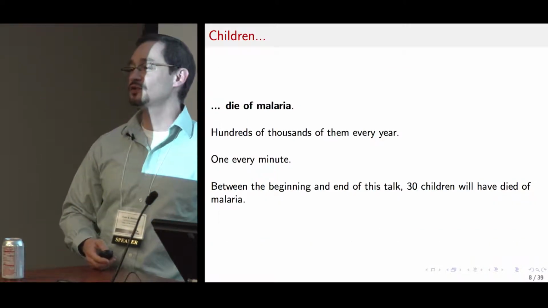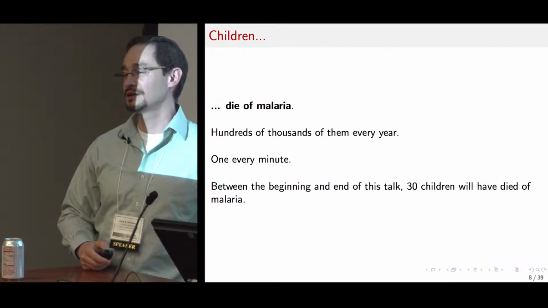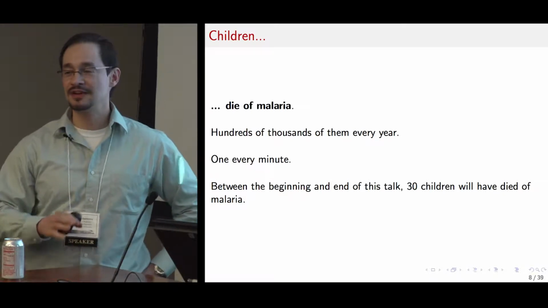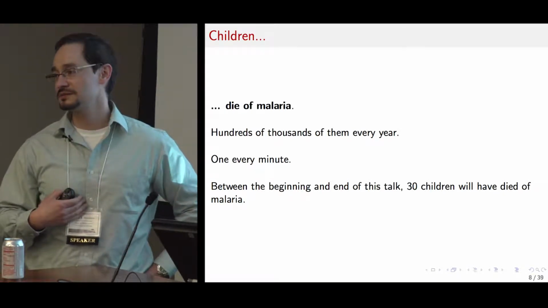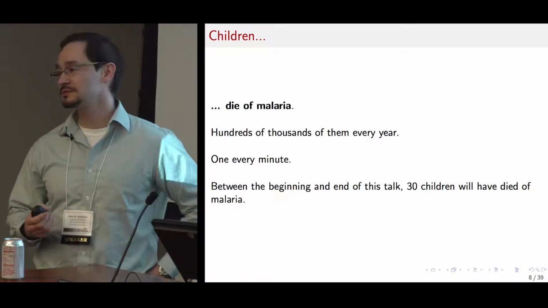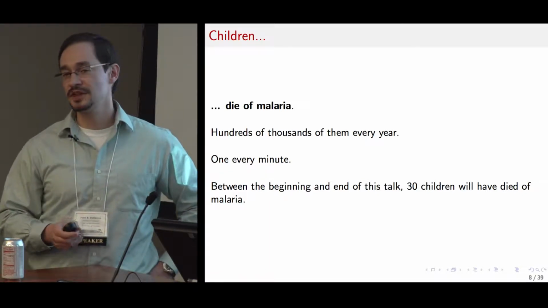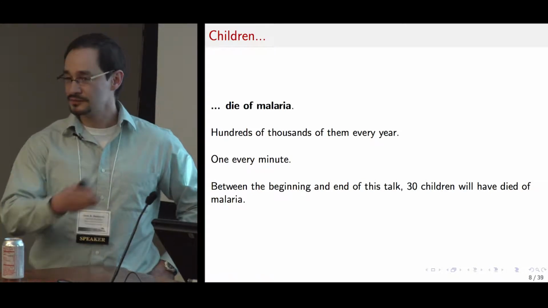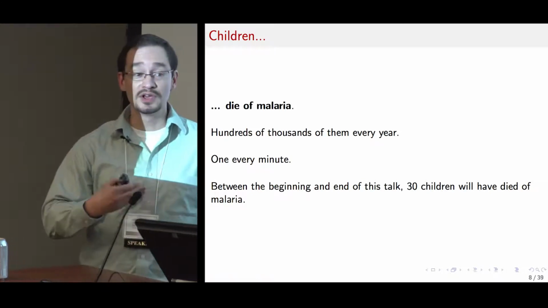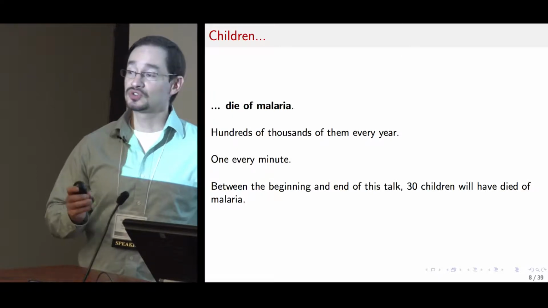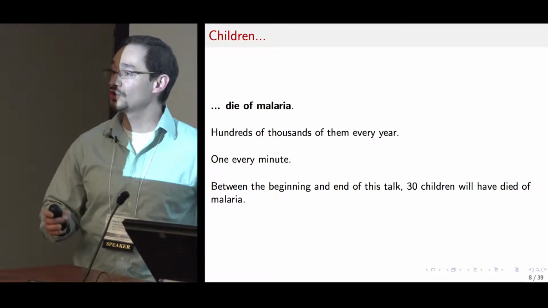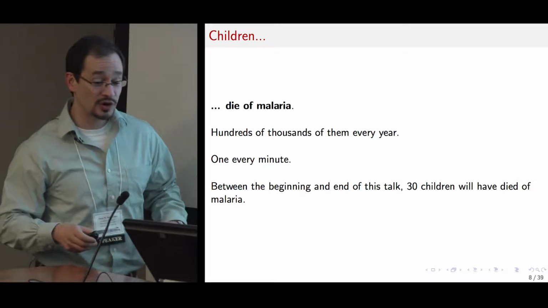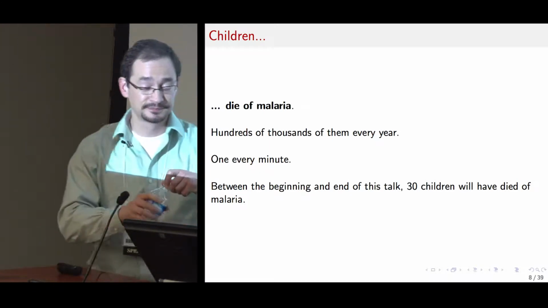But let's not forget the following. When we talk about children, for me it would be devastating if I lost my child. But this happens every minute to malaria. Hundreds of thousands of children die every year of the disease. We got the perspective of somebody who had malaria. It's truly a devastating disease. No other disease comes close as a scourge for humanity.